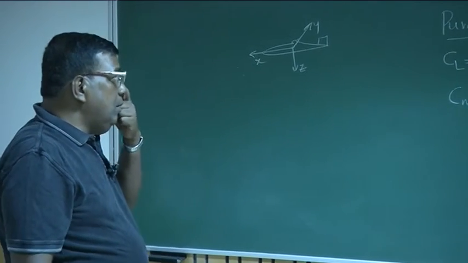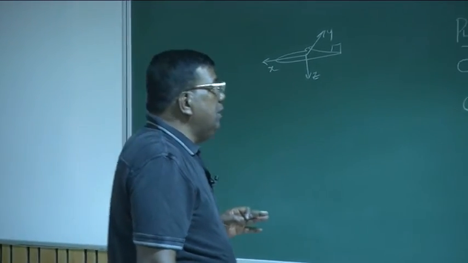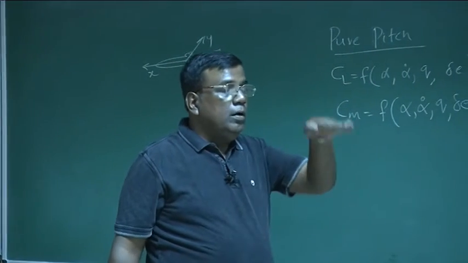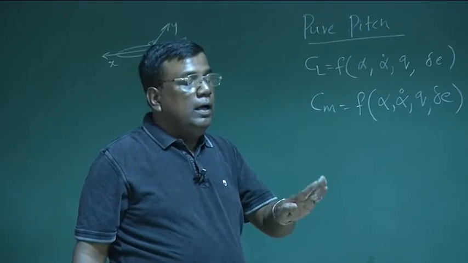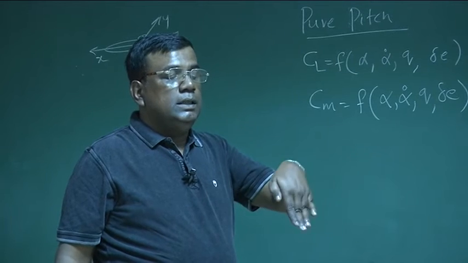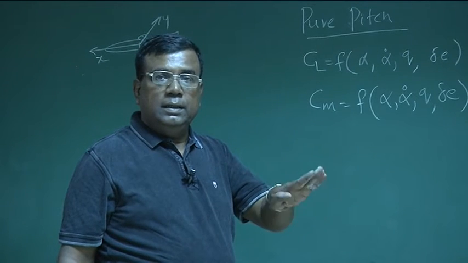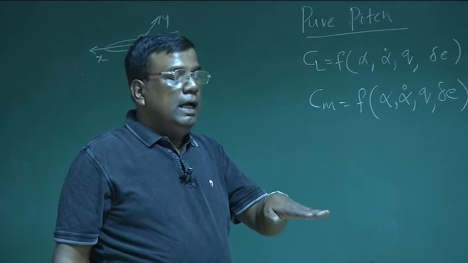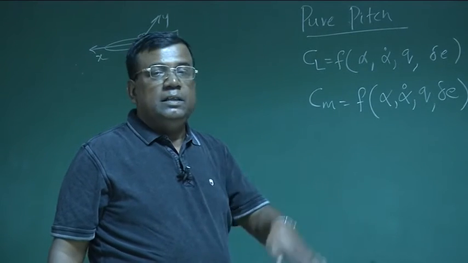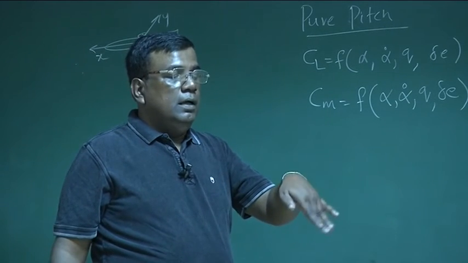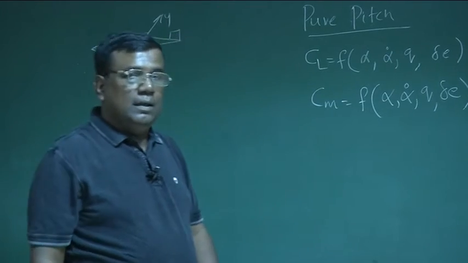But here, when you talk about pure pitch, only one degree of freedom we are talking about. We are not allowing the model to go up and down. It's only allowing the theta variation. Is it clear? Pure pitch is no such motion, no plunging motion is allowed. It's only the angular rotation about the y-axis.